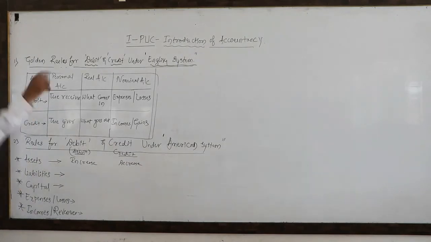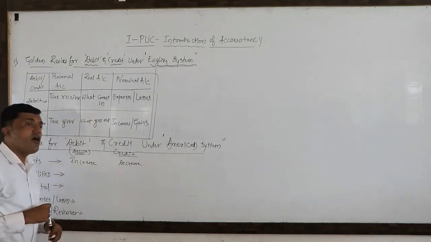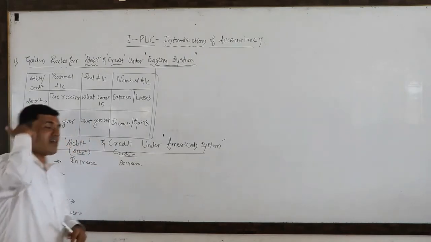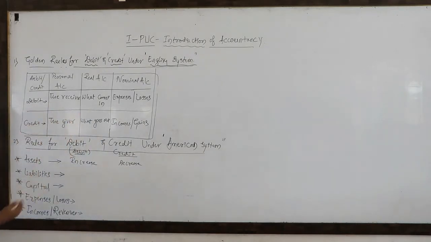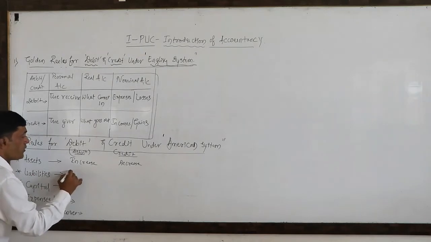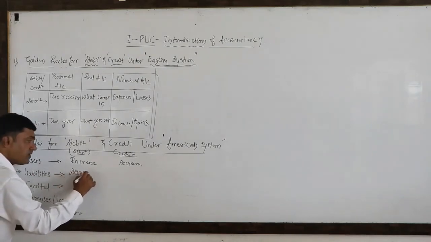Then the next one is liabilities. As I said earlier, liabilities are the responsibilities or obligations of an organization. Liabilities are just the opposite of assets. Assets are own properties, liabilities are obligations to other parties. Then when to debit liabilities?